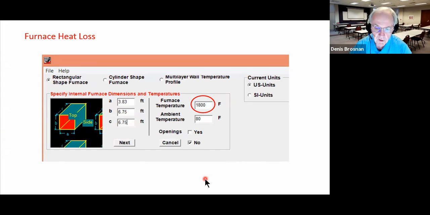It really doesn't affect the outcome of this program too much, so I don't think it was worth recalculating. I'm just going to note that if you repeat the problem, you should put 2000 in this number right here. And of course, we have said that there are no openings for the purposes of this particular model.